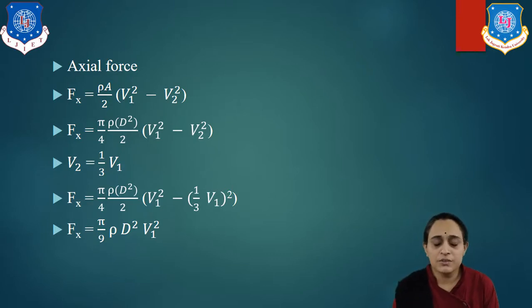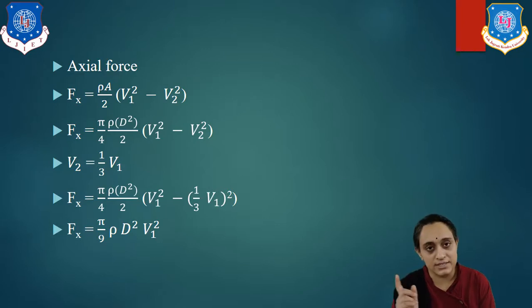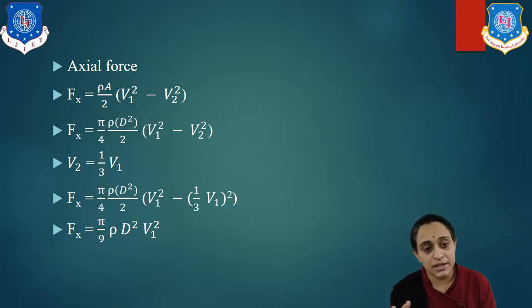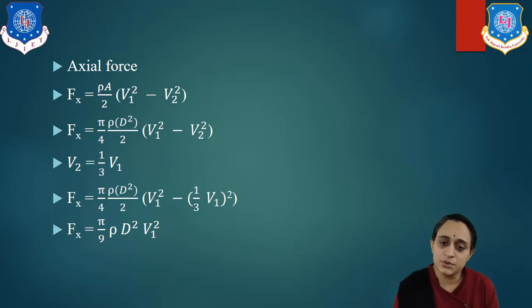What did we do? We simply put the value of V2 in the equation. Now if we solve this equation, finally we will get maximum axial force as pi by 9 rho d square V1 square. So this is the axial force equation.